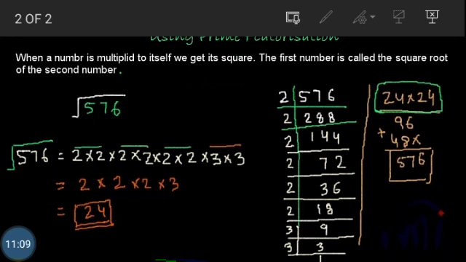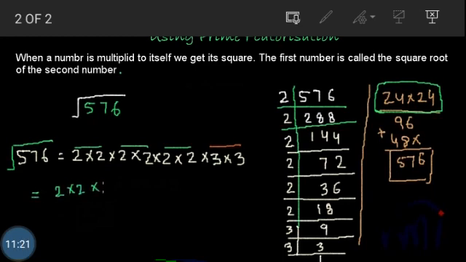Or if you want to see it one more way, it actually can be written as, if I erase this, and this can be written as 2 multiplied by 2 multiplied by 2 multiplied by 3. I am taking this 2 from here, this 2 from here, this 2 from here, and this 1 3 from here. And this whole thing multiplied by this 2, multiplied by this 2, multiplied by this 2, multiplied by this 3, right?